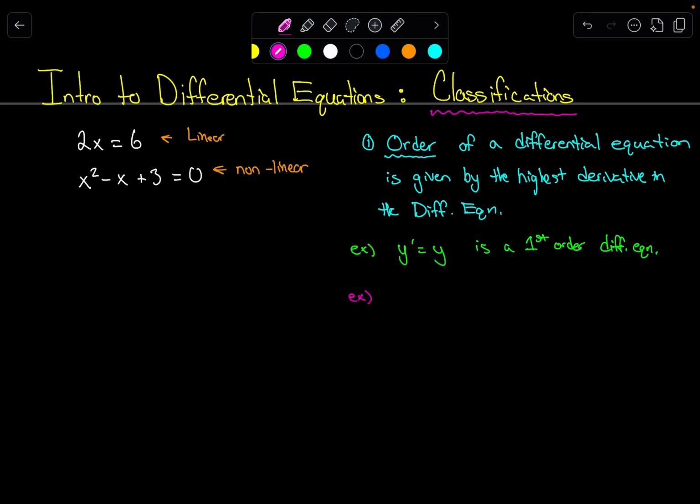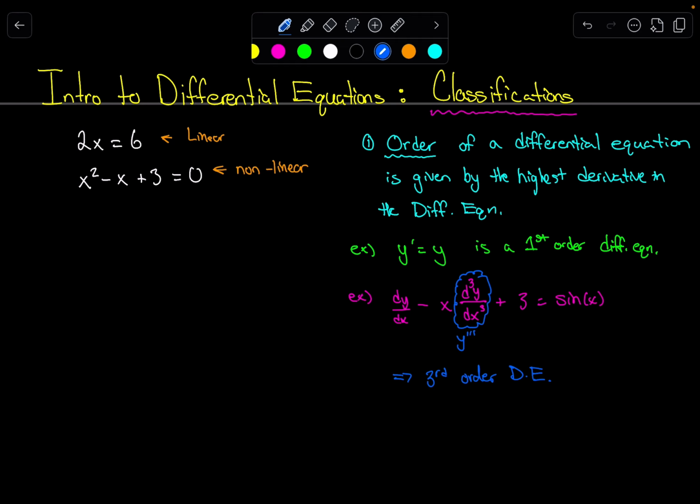If we had something that looked like dy dx minus x times d cubed y over dx cubed plus 3 is equal to sine of x, something that looks a little more complicated, we recognize this is the notation for y triple prime, or the third derivative, and so that implies this is a third order differential equation. All right.